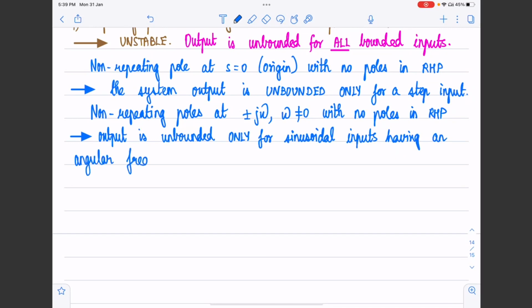This is very important. If the input is, let's say, sine omega t or cos omega t, the output will become unbounded. That's the implication when we have non-repeating poles at plus or minus j omega.